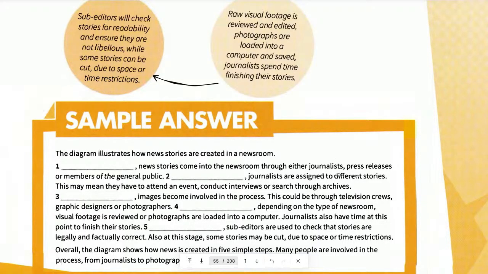Libelous? I already explained. So in this case, libelous is kind of opposite of legal. Okay? The stories are legally and factually correct. Legally correct, that means it's not libelous. What does ensure mean? Make sure.